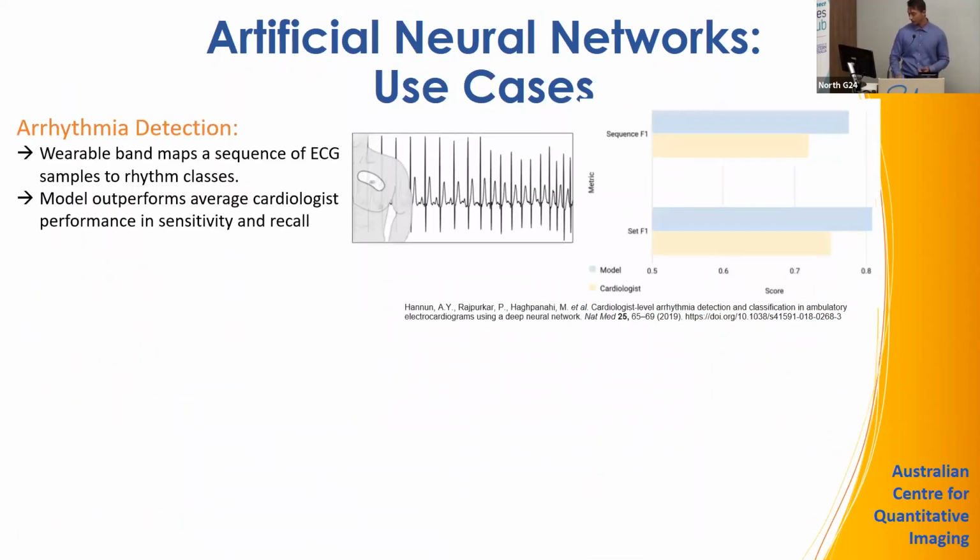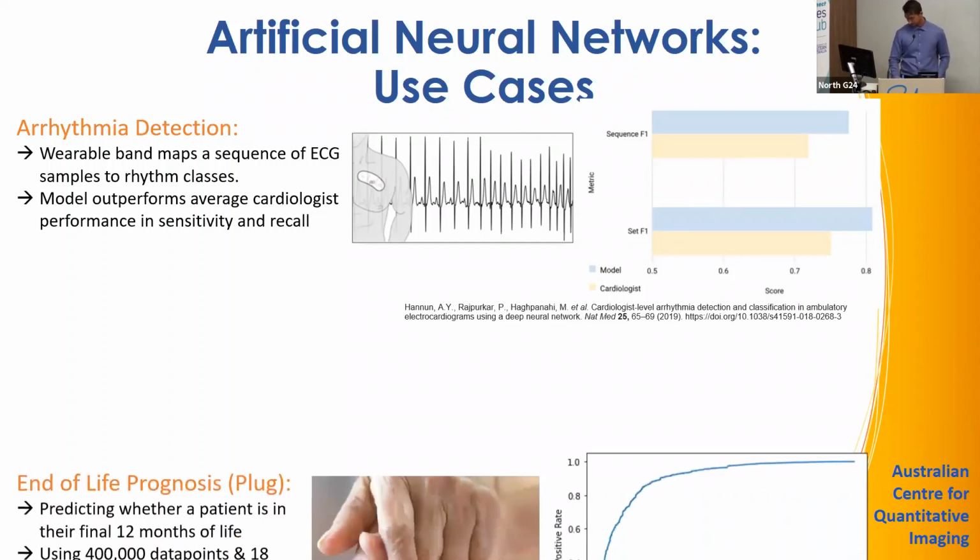Well, one famous example is arrhythmia detection. A wearable band was developed that maps sequences of ECG samples to rhythm classes. And it was found that the model could outperform the average cardiologist in sensitivity and recall, as seen on the right-hand figure.